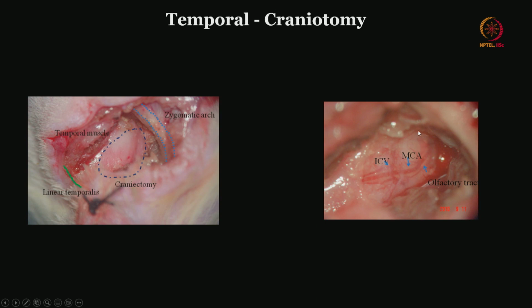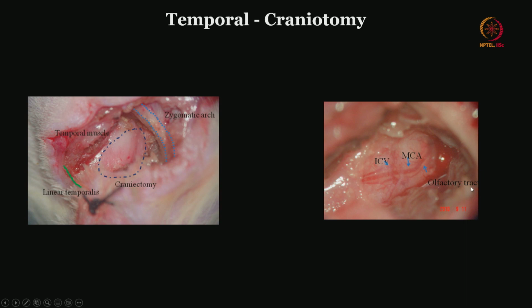Once you expose the dura, if you remember the first picture I had shown, the middle cerebral artery comes from the base. As you know, this is the lower surface, the lower part of the animal, that is towards the belly, and this is towards the head. All right. So it comes from the base of the skull, that's the middle cerebral artery, and there is another landmark which is a little difficult to expose, and if you have that, that's pretty good.